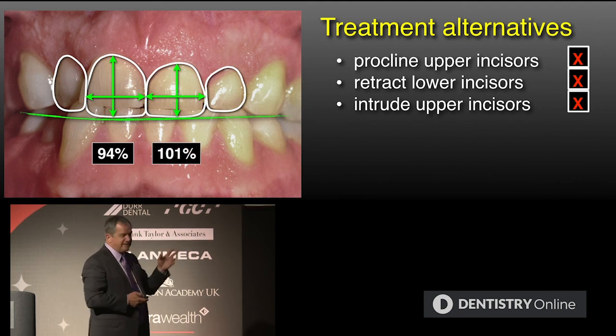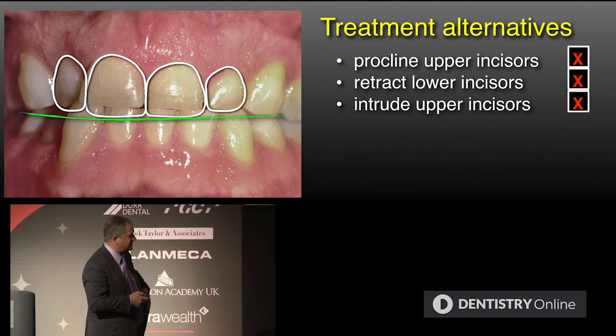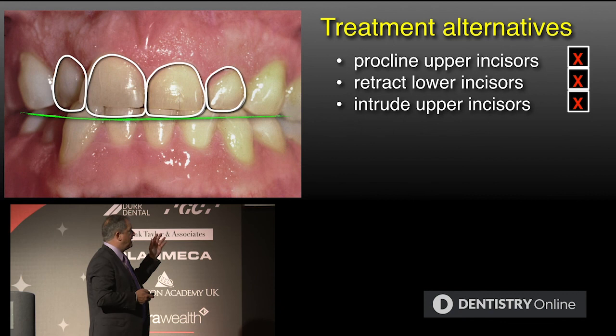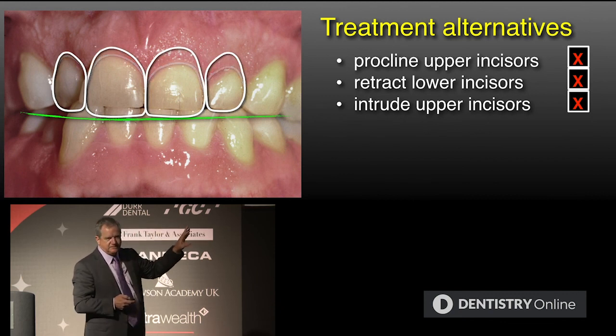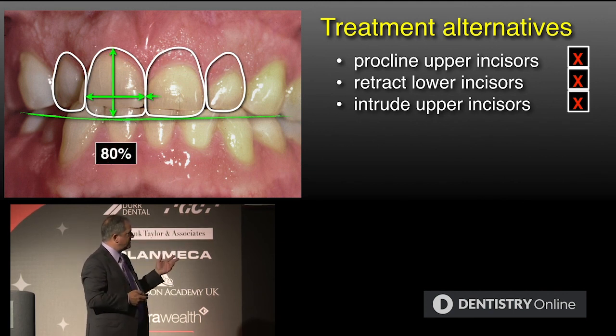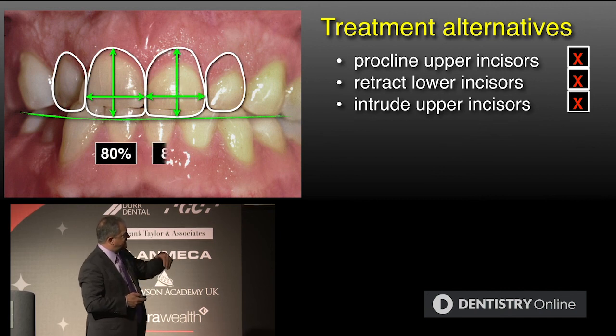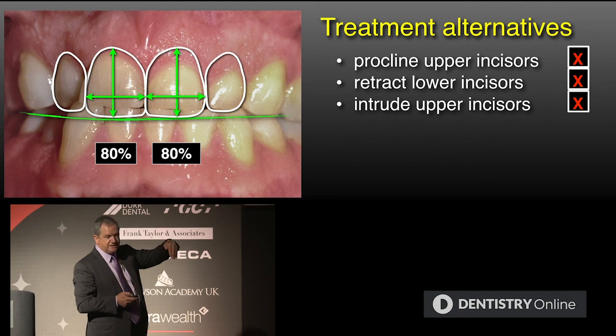I'd like the width to length to be somewhere between 75 and 85% for most of these patients. And so we say, okay, where do we probably want the tissue? We probably want it up around there. In this case, if we did that, that gives us a width to length ratio on both centrals of about 80%. So yes, if we're going to treat him with ortho, we will intrude and procline the teeth.